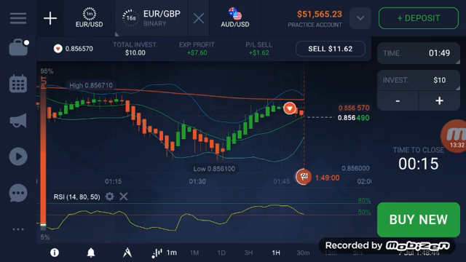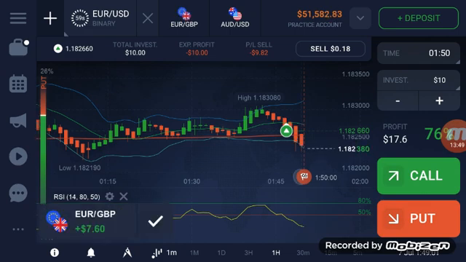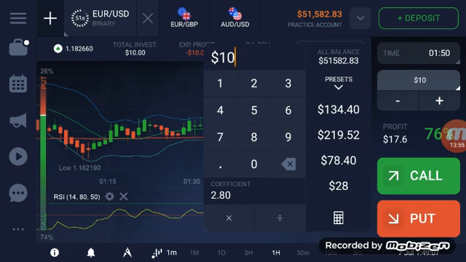So this looks like it's gonna win. This has 1 minute left. It's going sour. So it looks like I'm gonna win one and lose one, which is counterproductive. No, it's not. Wait, let me see. Is it counterproductive? Yes, it is, because I lose $10 and win $7.6. So that's counterproductive.